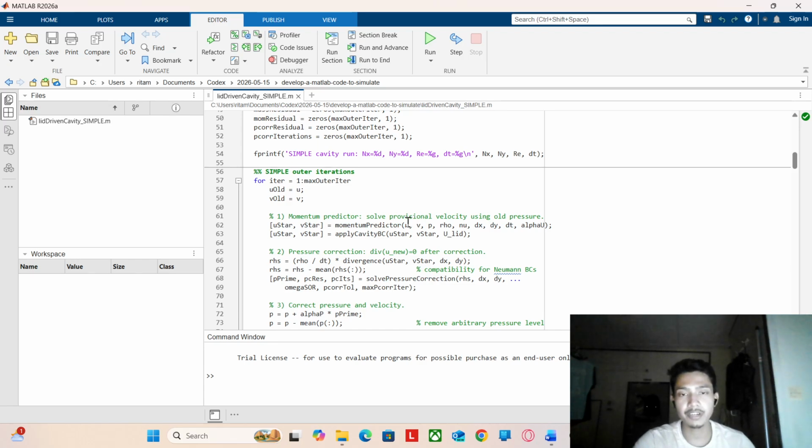Now comes the pressure gradient, dpx, and the RHS of the pressure correction. Now comes the pressure correction, where div u new equal to 0 after correction. RHS equal to rho by dt into divergence of u star, v star, dx, dy.